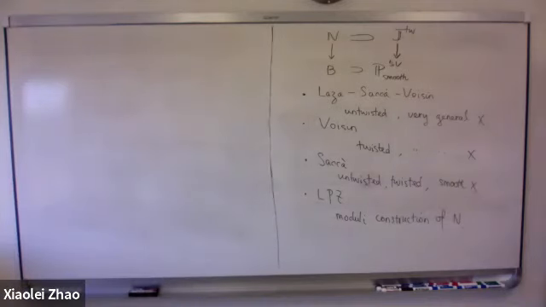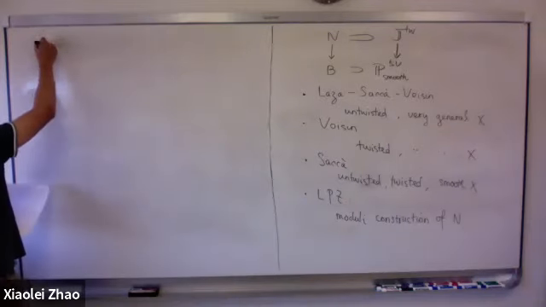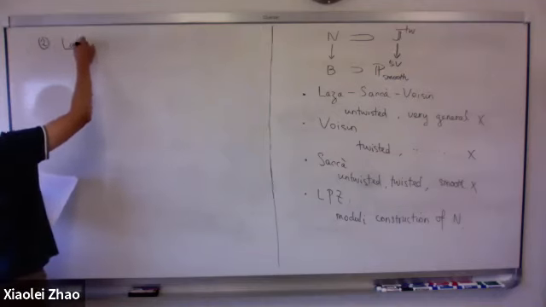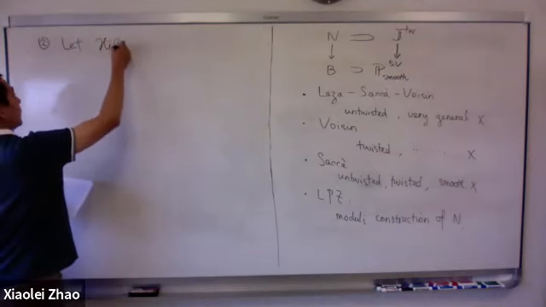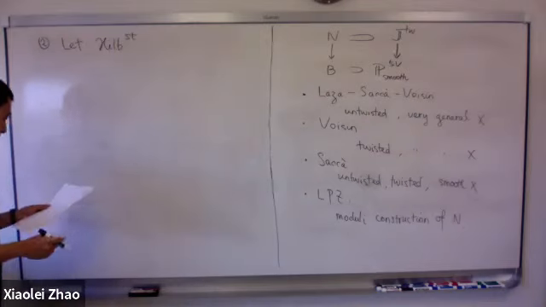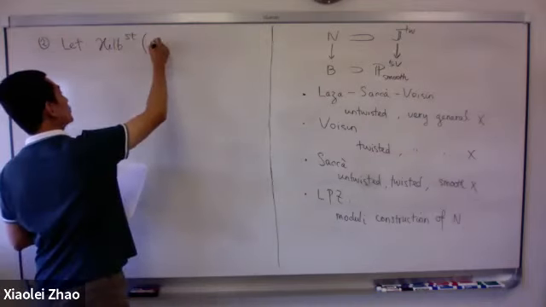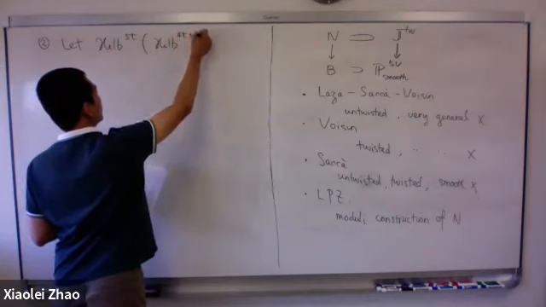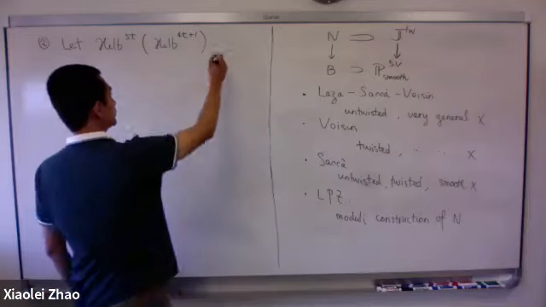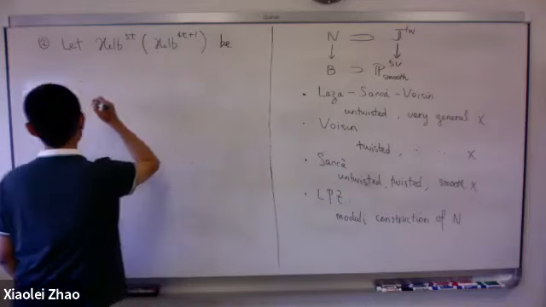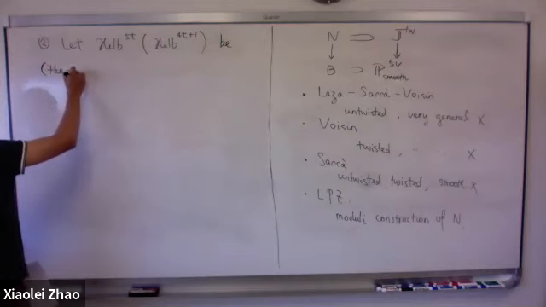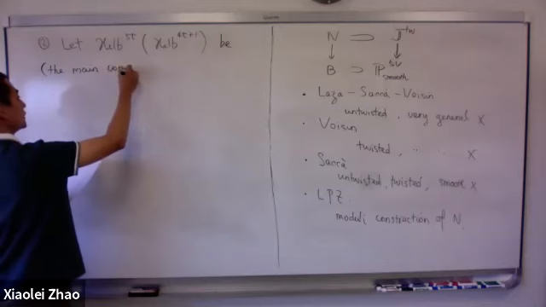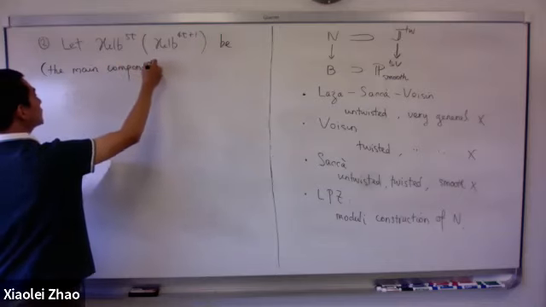I take the Hilbert scheme of subschemes of this cubic fourfold of Hilbert polynomial either 5t or 4t plus 1. Let's say the main component. This kind of Hilbert scheme may have many components. I'm looking at the main component, which contains the smooth curves like this.